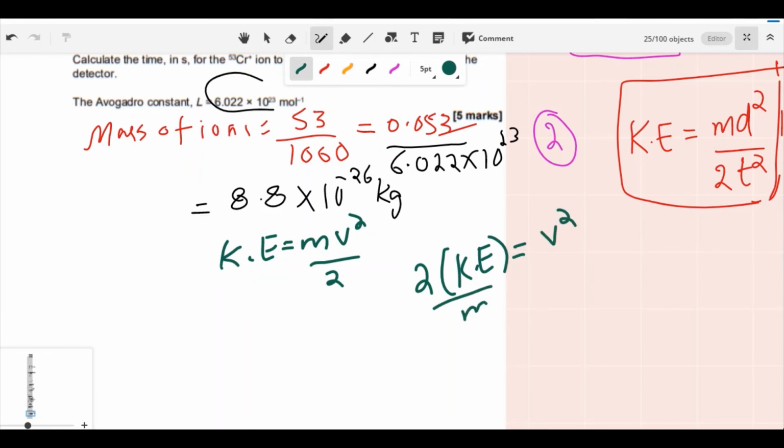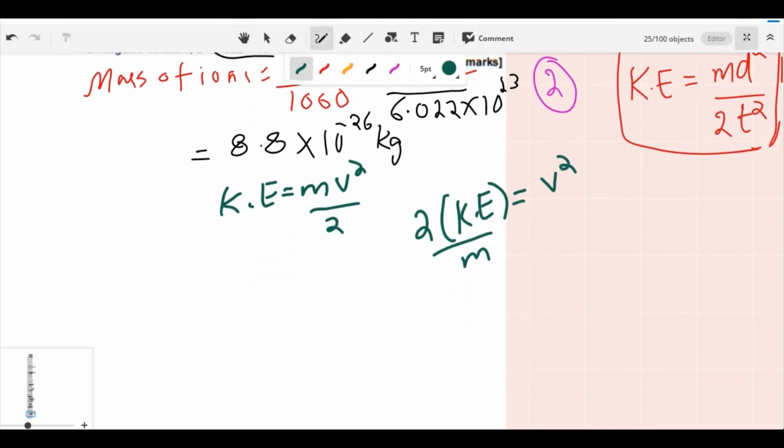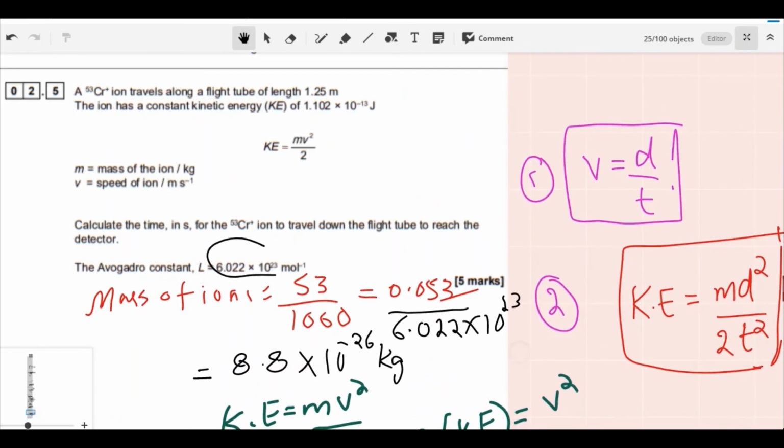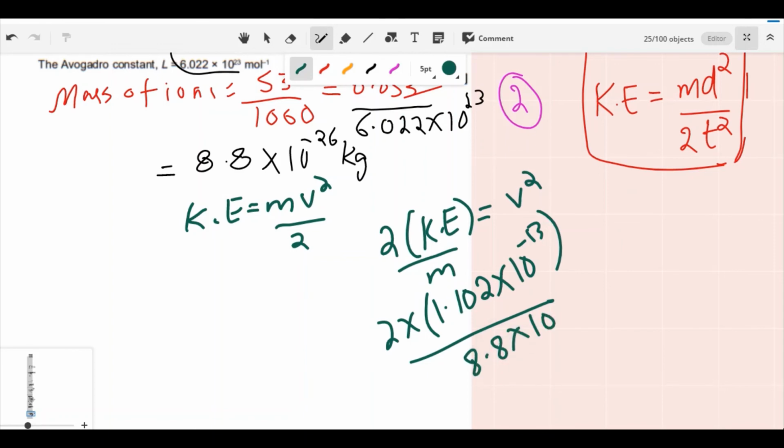So that will equal 2 into 1.102 times 10 to power negative 13, over the mass, 8.8 times 10 to negative 26. That is equal to v square.